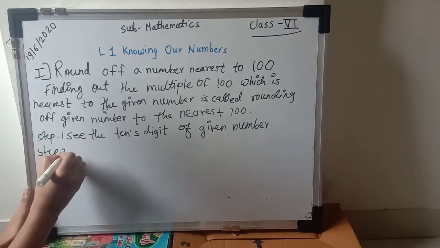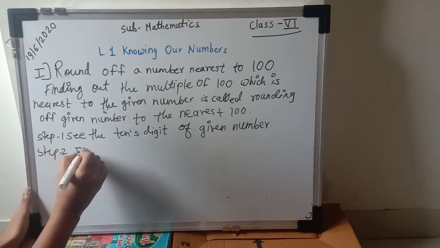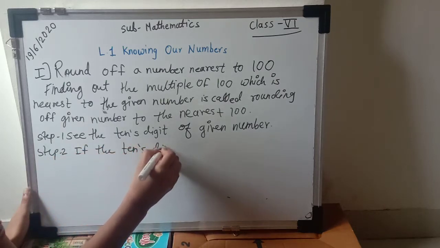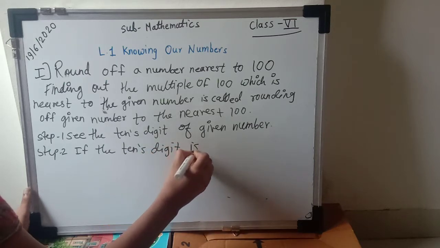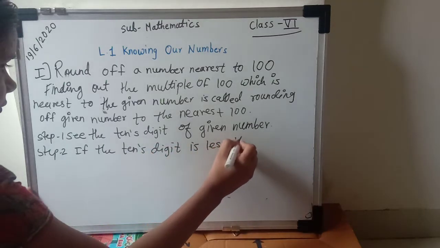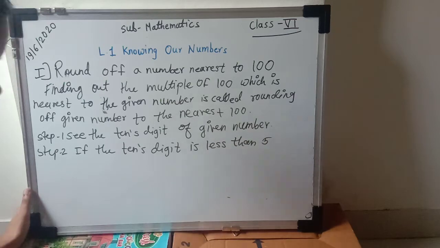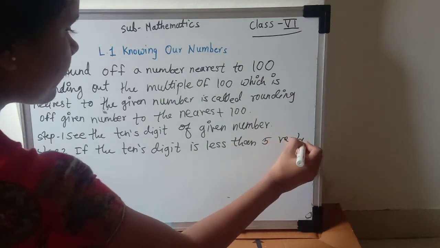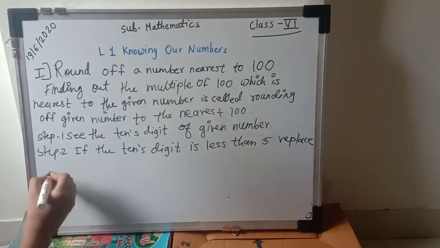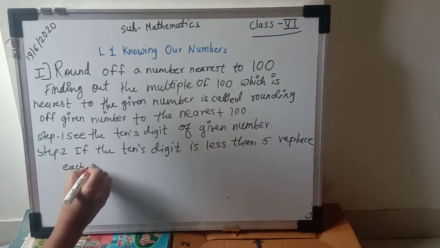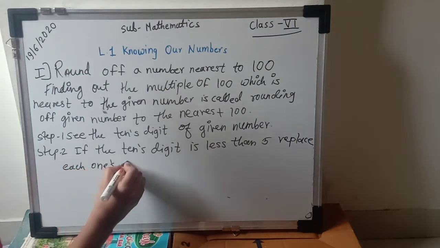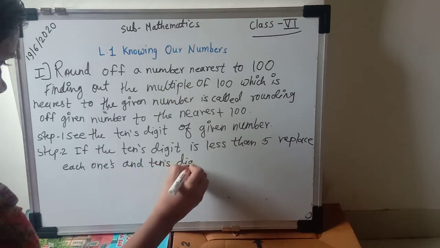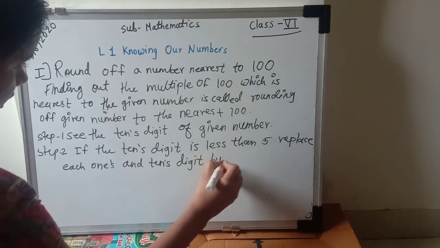Step 2: if the tens digit is less than 5, what do we have to do here? Replace each of the ones and tens digits by 0.